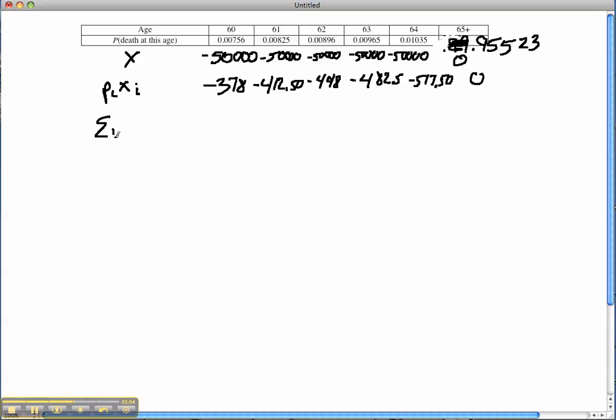If we add all of these up, we end up with negative 2238.50. That's how much the insurance company is going to lose on average every time they write a policy of this type.